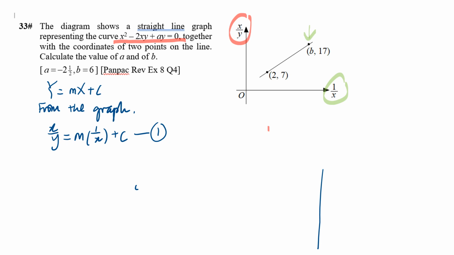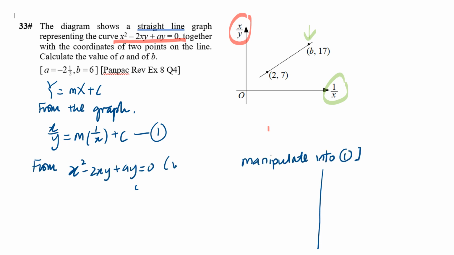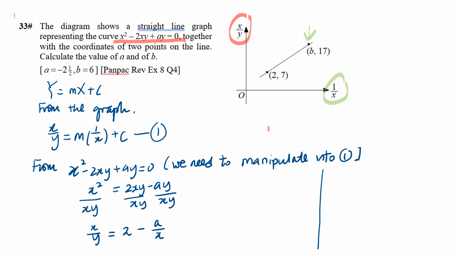All right, so you need to know which information to make use of. From what we're given there, x squared minus 2xy plus ay equals 0, we need to manipulate it, that means do some algebraic manipulations, to get our equation 1. So basically, I'm going to divide every term by xy, and then rearrange it.